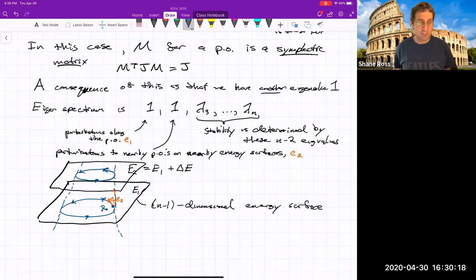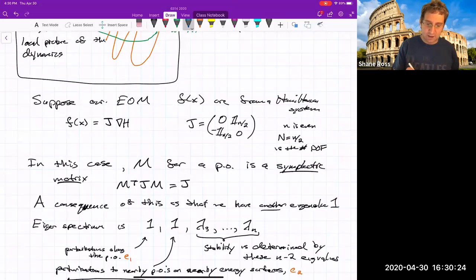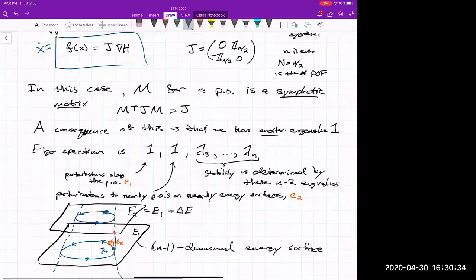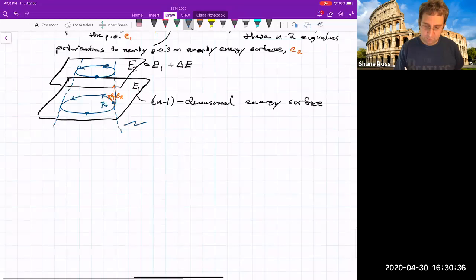If you've got a system with an isolated periodic orbit, the equations of motion cannot be written in this way. It's not J times the gradient of a Hamiltonian. Okay. So let me label what this blue dash thing represents. This is a continuous family of periodic orbits.